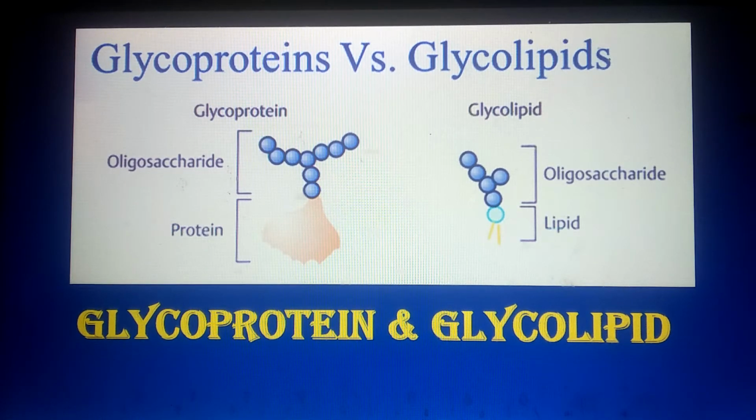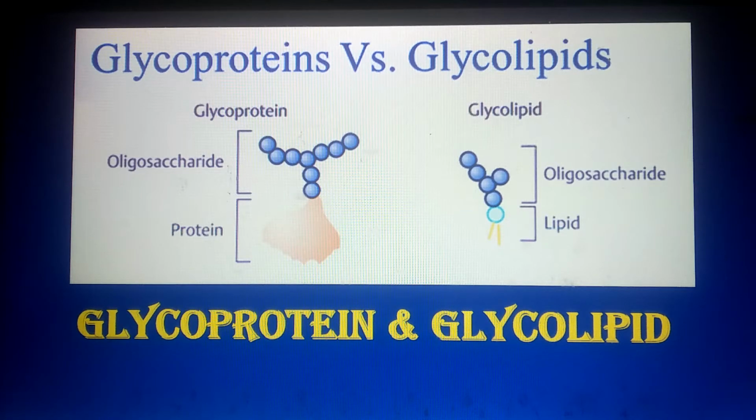So glycoprotein is the combination of two different biological molecules, one is protein and the other is carbohydrate. Similarly, glycolipids are carbohydrate plus lipid, two different categories of molecules combining and producing a conjugated molecule.